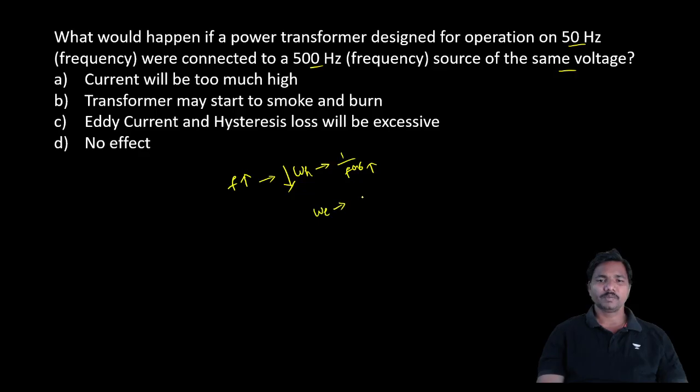Eddy current losses will be constant. For the same voltage, if the frequency varies, this will be constant. So here current will be too high. Transformer may start to smoke and burn. Losses will be excessive. This is the most probable answer, so that's why I have given this answer.